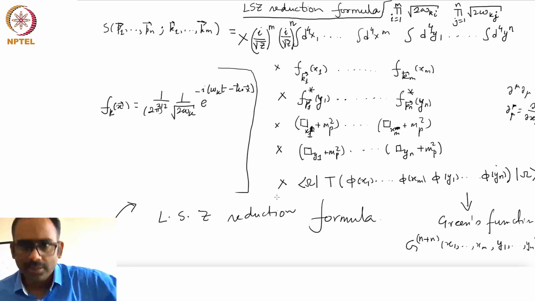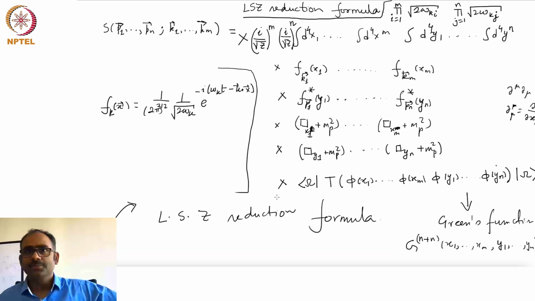So, you see here that, let us look at the x variables, let us look at x1. You have d4 x1, that is the measure. Then you have f k of x1. Now, in f k of x1, if you look at the expression here, f k of x, the dependence on x is fairly simple, this is just e to the minus i k dot x.